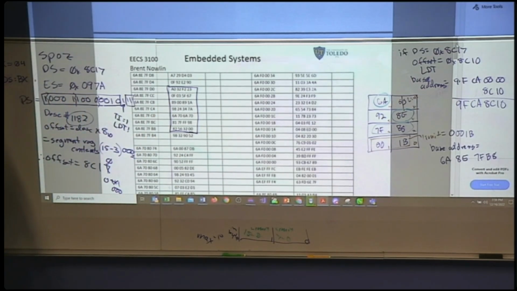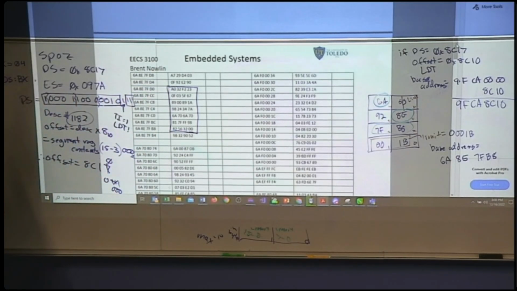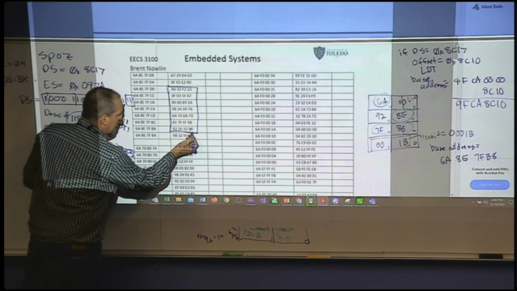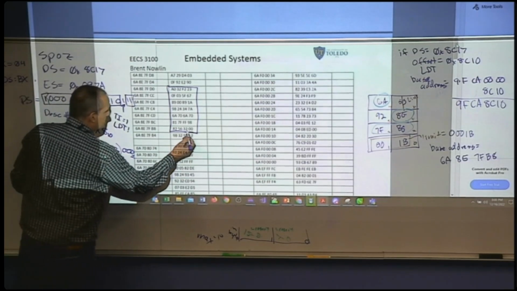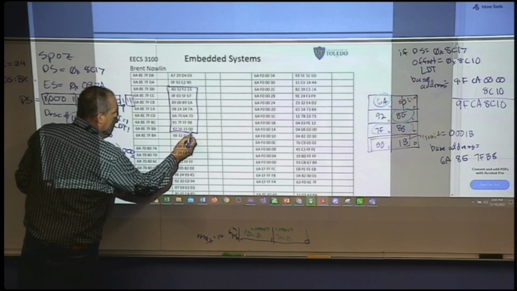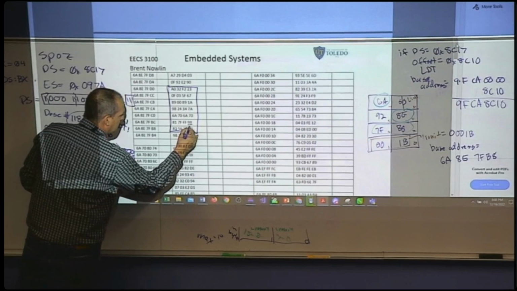So which bytes in the segment are we going to pick on? Well, we have the base address that's right here. We also have, as I mentioned before, the offset. So we add 4 to that base address. 0, 1, 2, 3, 4. So we move this byte, right?